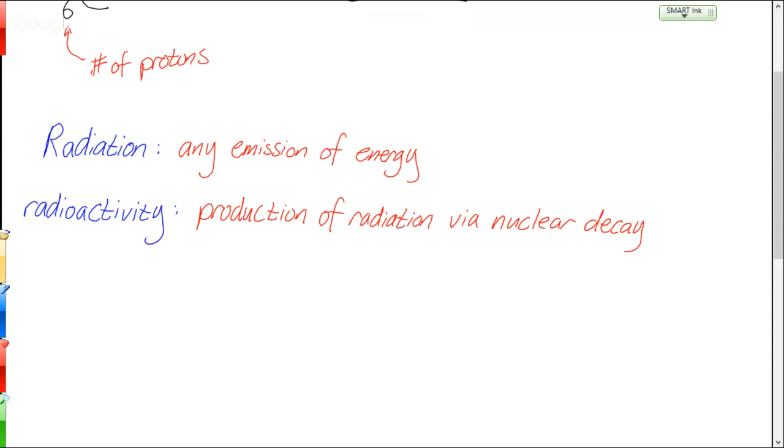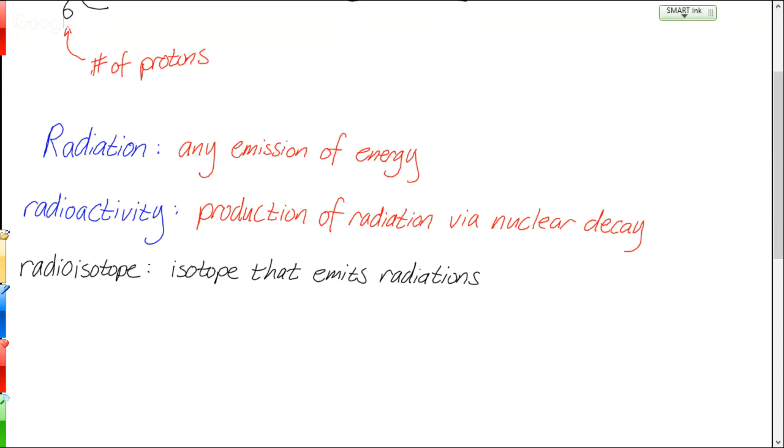What that means, and we'll see some examples pretty soon, is that the nucleus actually breaks down, breaks apart, and in the process of that breaking apart, emits different kinds of energy, different types of radiation. And so a radioisotope is an isotope or a particle that spontaneously emits that radiation.